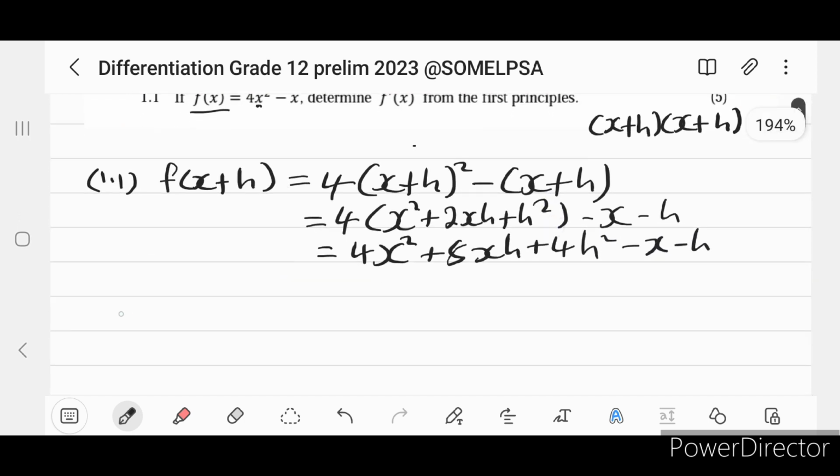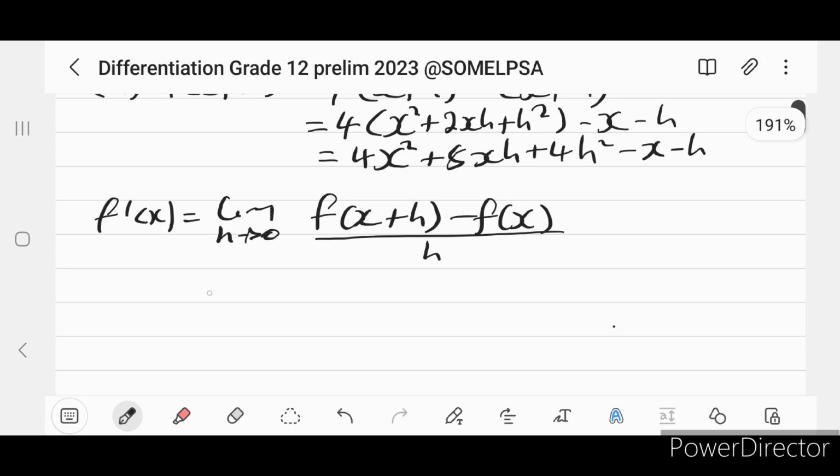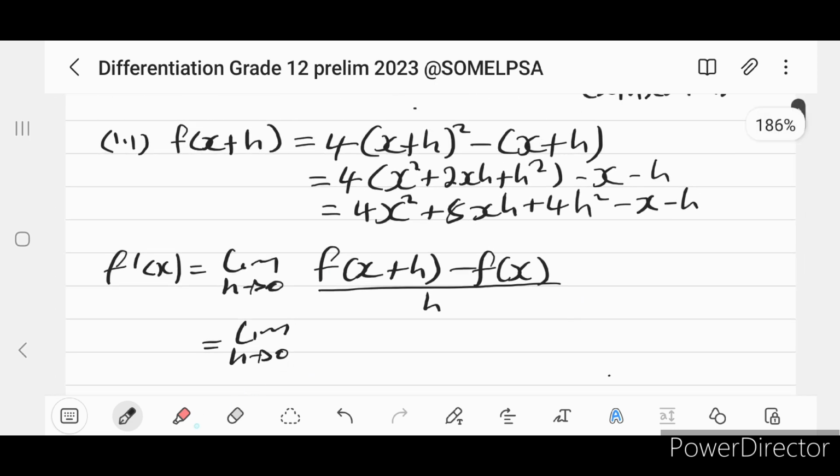Therefore, we go to the differentiation part now, which is the limit as h approaches 0 of f of x plus h minus f of x over h. This is the formula, so you need to know it as it is. So limit as h approaches 0, f of x plus h, we've calculated it.